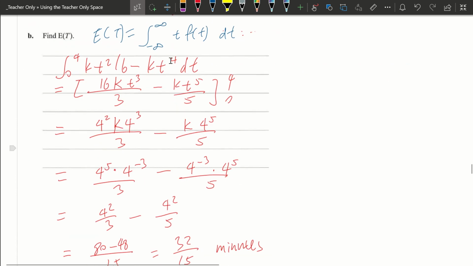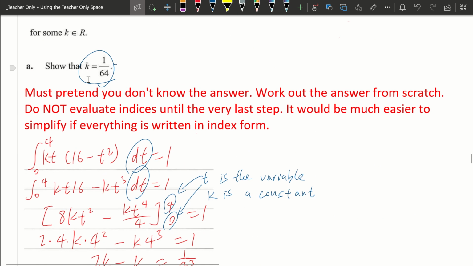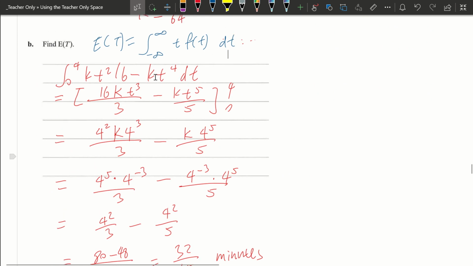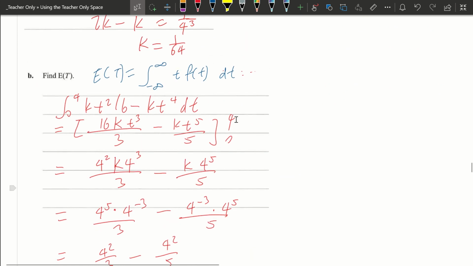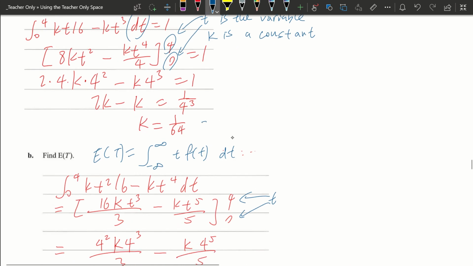So here, I'm using k, I'm not using 1 over 64, because it's just difficult to write. So I'm just using k here, and I sub in, again, 4 and 0, they are t values, they go in, and then I change k into what it really is, 4 to the power of negative 3. K is 4 to the power of negative 3.